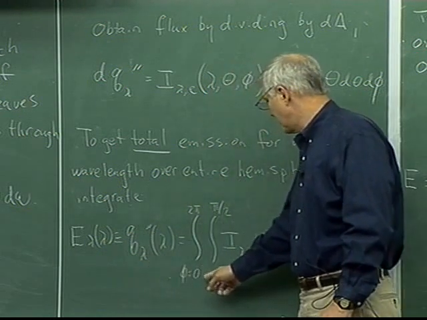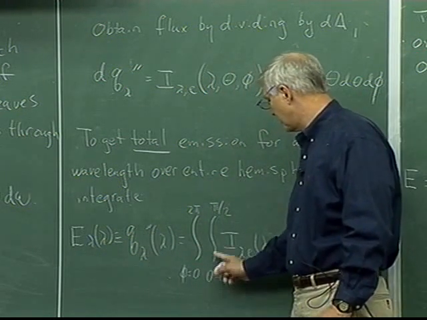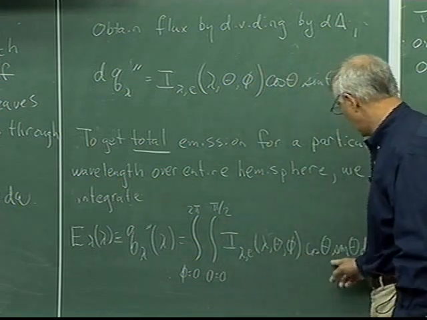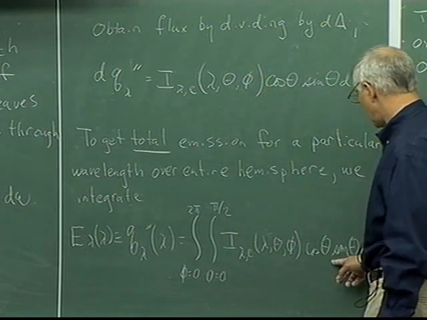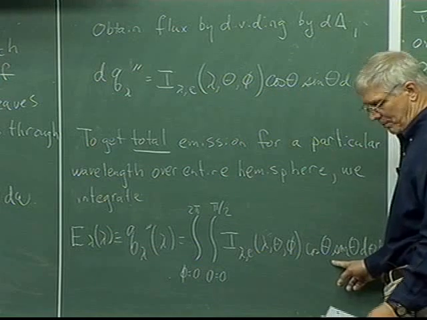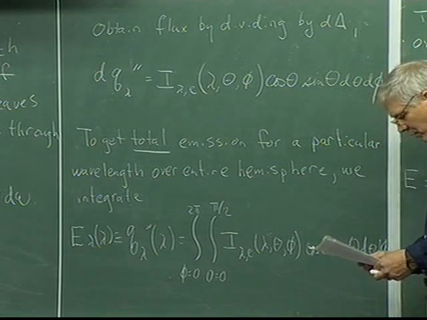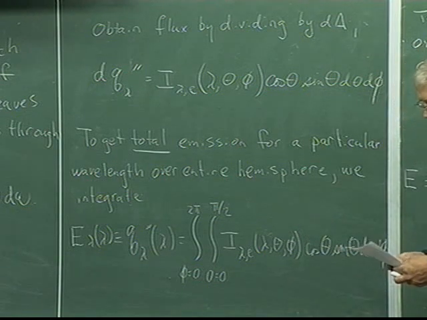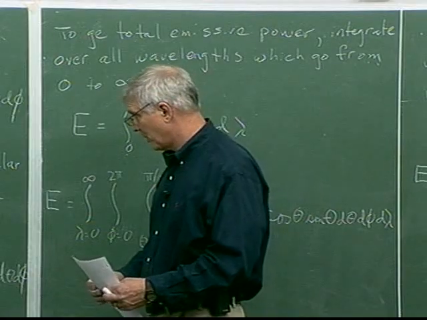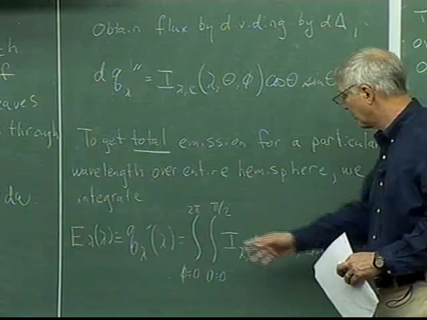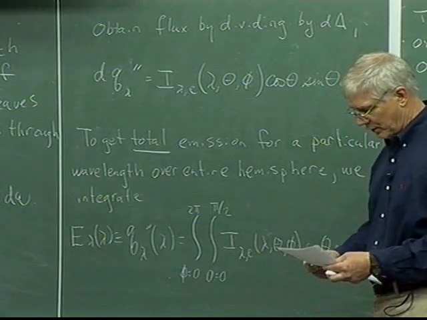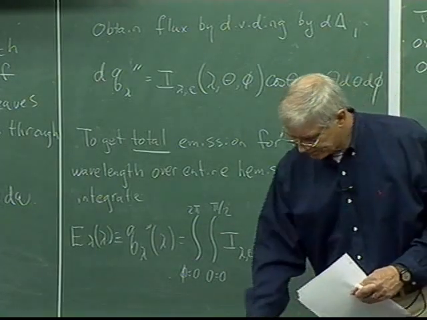And so we integrate again from 0 to 2 pi, theta from 0 to pi over 2. We integrate that, and that would give us the total emission for a particular wavelength. Now, when we say the total emission, what we really mean is it's really a flux. You can see that it's a flux, but we refer to it as the total emission.